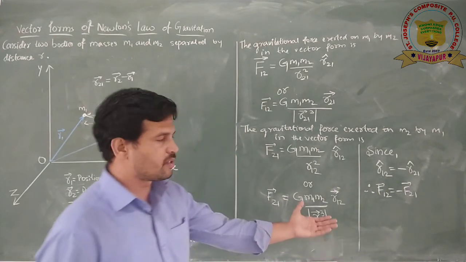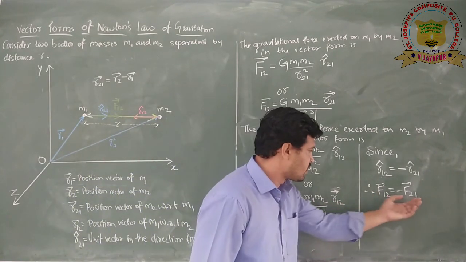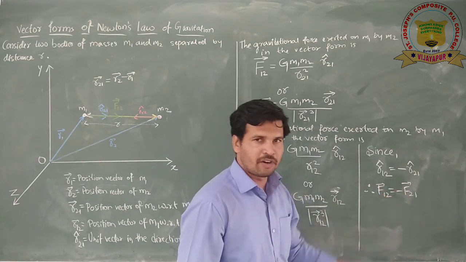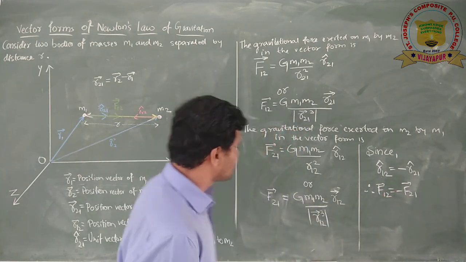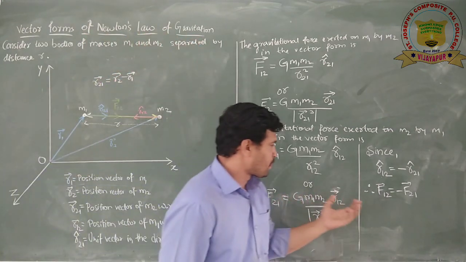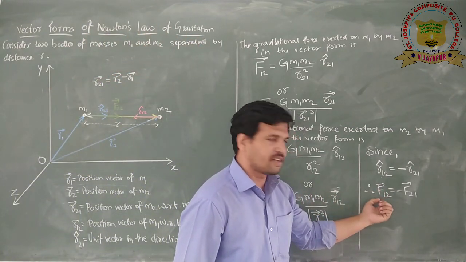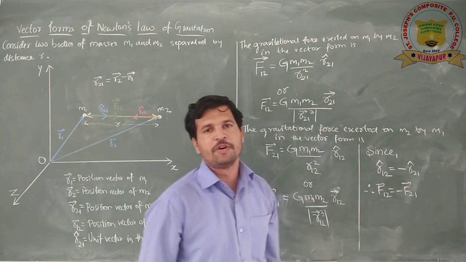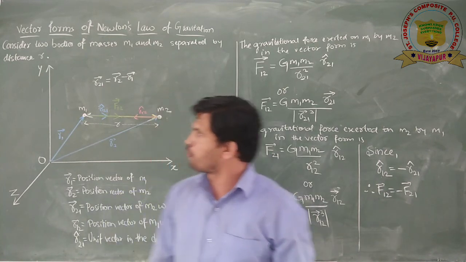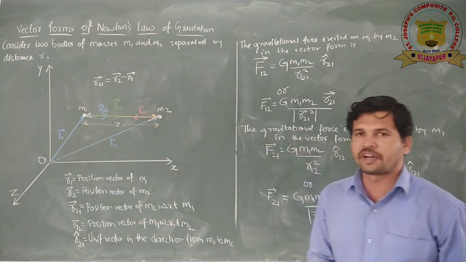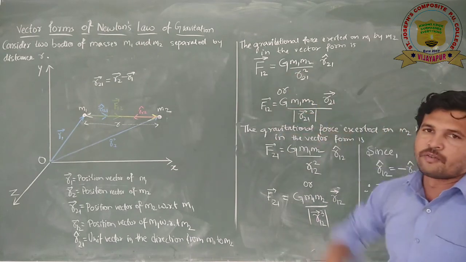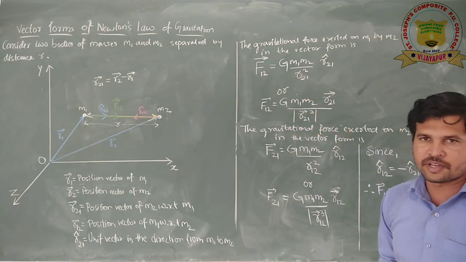F12 is equal to minus F21, and this represents Newton's third law of motion. So that means Newton's law of gravitation is consistent with Newton's third law of motion. So this is all about the vector form of Newton's law of gravitation, and here we have given direction to the gravitational force. Thank you.